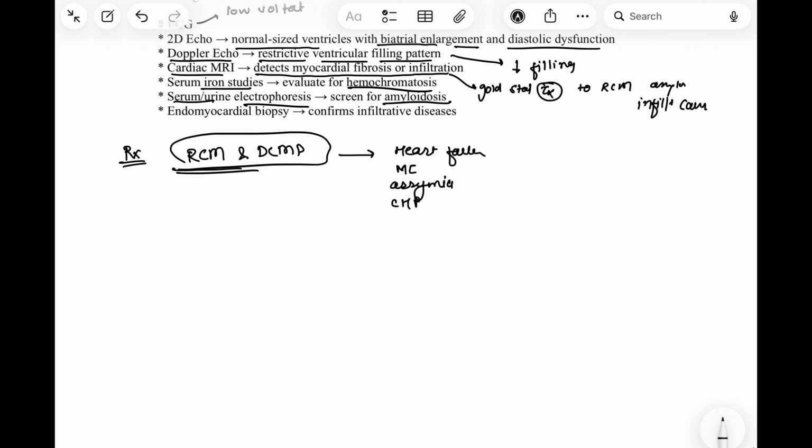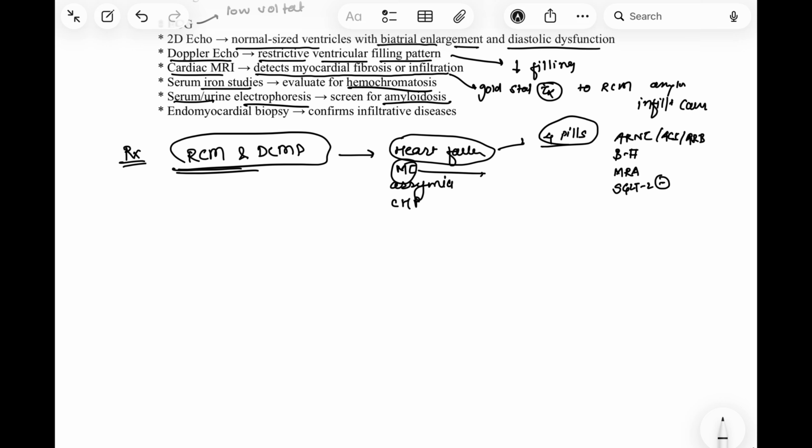For heart failure per se, we have to treat with the 4 pillars: ARNI or ACE inhibitors, ARB inhibitors, then beta blocker, then mineralocorticoid receptor antagonist, then SGLT2 inhibitors. For MI, we have to follow our STEMI and NSTEMI protocols. For arrhythmia, we have to treat the underlying arrhythmias as per the ACLS protocols.